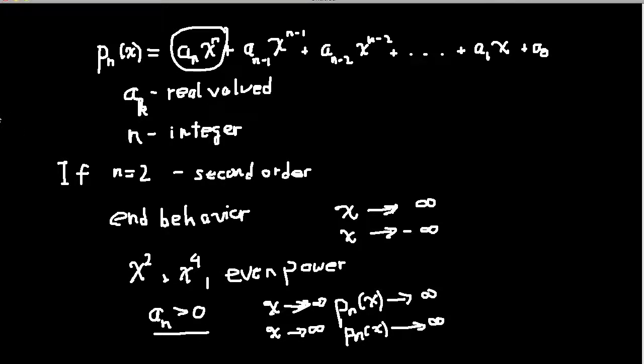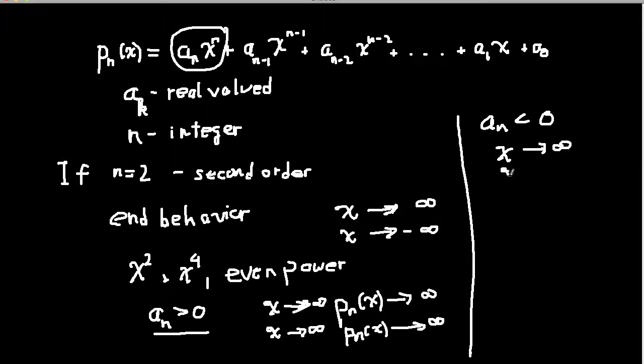However, if a sub n is less than 0, then something different happens. Let me draw that right here in a little box here. If a sub n is less than 0, then as x goes to infinity, and as x goes to negative infinity, in both cases, p sub n of x will go to negative infinity.